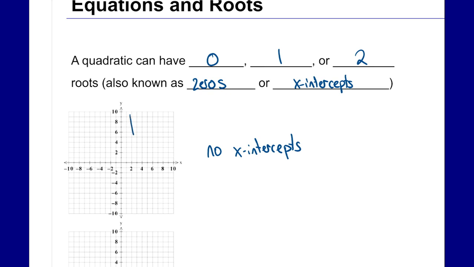So we might have something that looks like this, where the vertex is above the x-axis and it's not touching it at all. It means there's 0 x-intercepts. We could have something where it's the same thing and it's opening down and the vertex is below the x-axis, right? So if it's below the x-axis and opening down, there are no x-intercepts. It's never going to touch the x-axis.